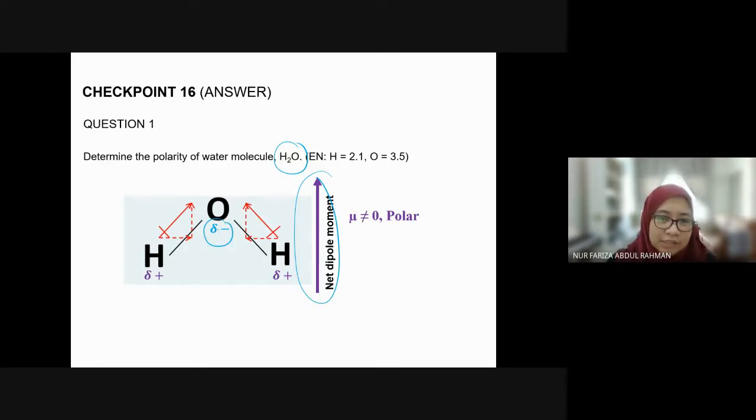So this is the negative end, kan. So it will attract the positive end from the other, for example, ionic compound when it is dissolved in water. Dia akan attract the positive. So bila ada this interaction, then only we can say that it is dissolved ataupun solubilized in water. Okay, alright. So this is mu is not equal to 0, sebab dia ada this dipole.